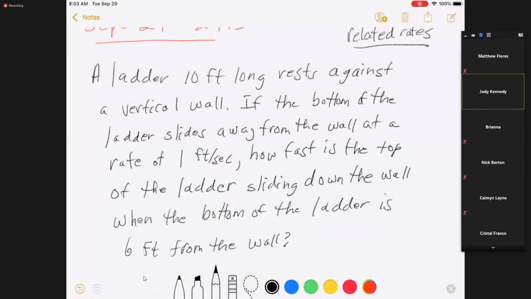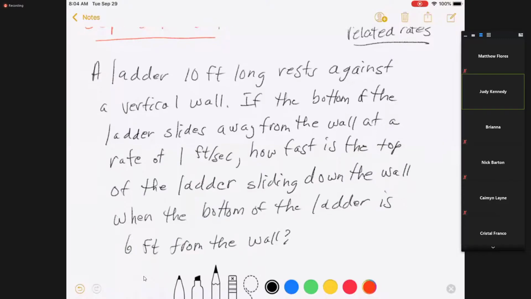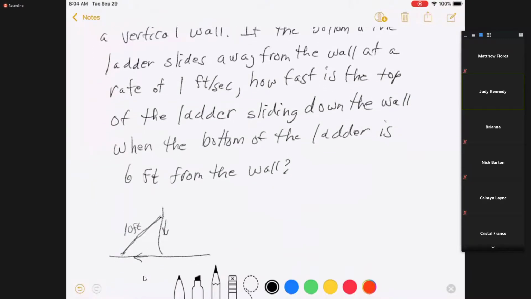If the bottom of the ladder slides away from the wall at a rate of 1 foot per second, how fast is the top of the ladder sliding down the wall when the bottom of the ladder is 6 feet from the wall? Again, this problem doesn't last very long because eventually the top of the ladder hits the ground.